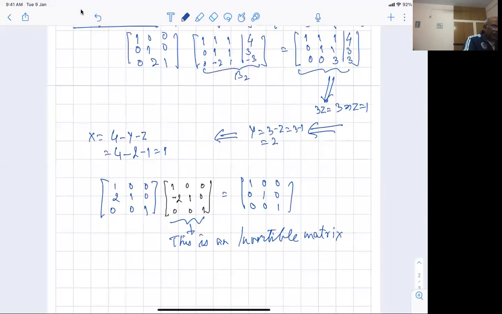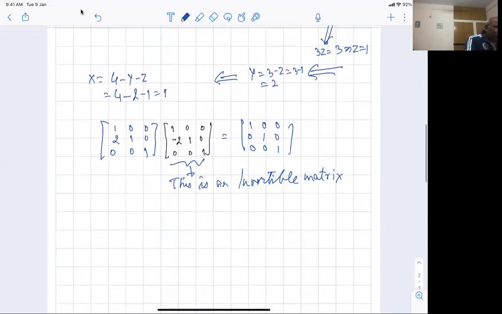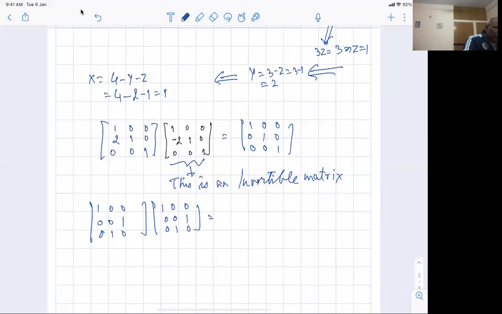Fine. Similarly, the other matrix that we had was 1, 0, 0. I had interchanged the third and the second row. Fine. Just multiply this with itself. 1, 0, 0, 0, 0, 1, 0, 1, 0. You'll see that you'll get 1, 0, 0. You'll get back the identity here. Fine. For the third one, try it yourself.